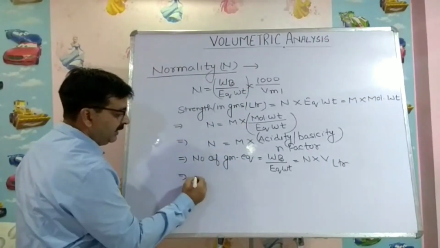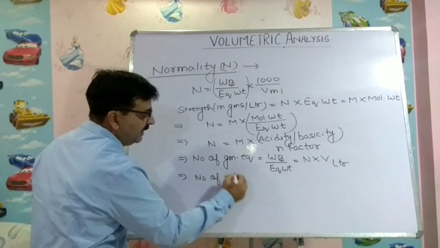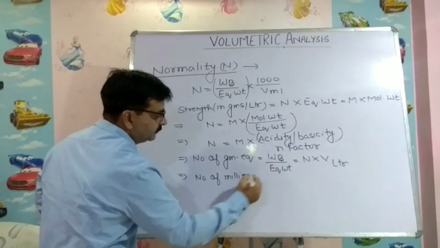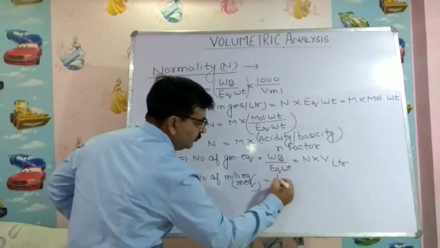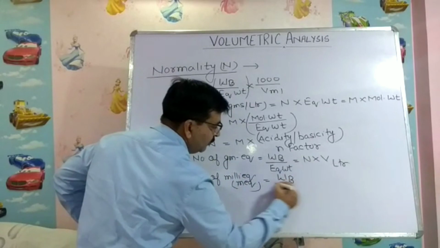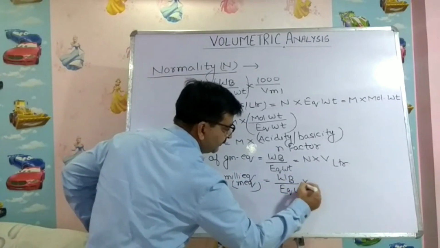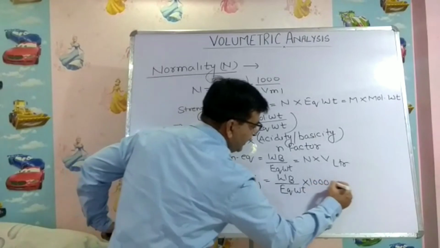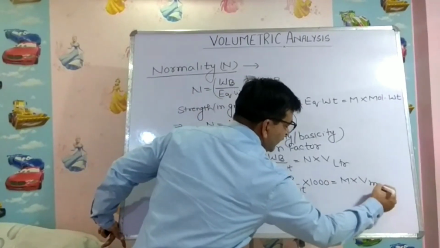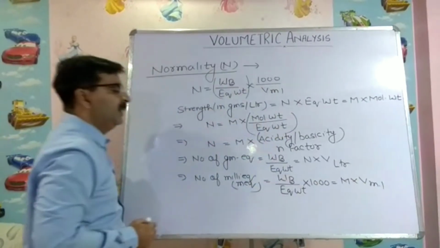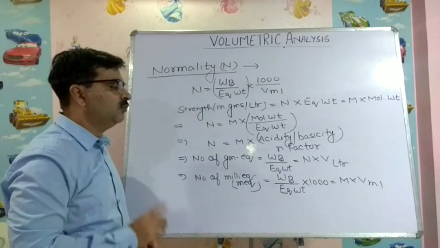And if we want to calculate number of milli equivalents, that is represented by MEQ, gram equivalent is multiplied by 1000. We get number of milli equivalents. Both sides are multiplied by 1000. We get WB upon equivalent weight into 1000 is equal to N into V in mL.